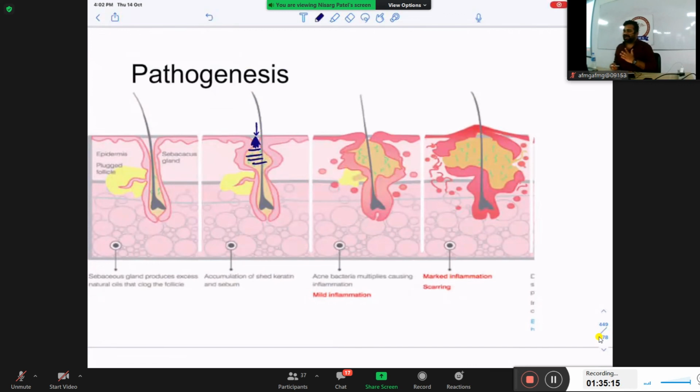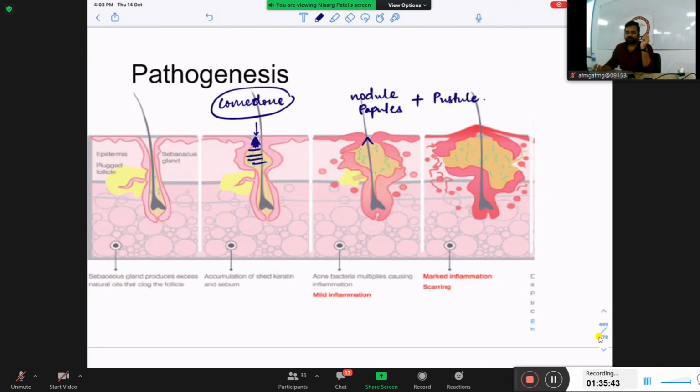What we have to know in acne: if I see a patient of acne, on one face only there will be some keratin obstruction. In the same patient, on the forehead, he has some comedones, I will see blackish spots. After this, I can see the nodules or the papules. And if there is pus, then I can see some pustules. You have seen faces with acne. In an acne patient, you will see all these lesions.